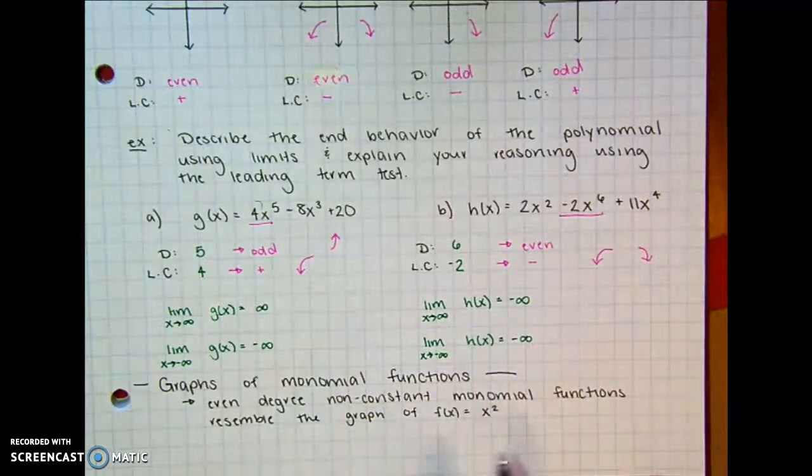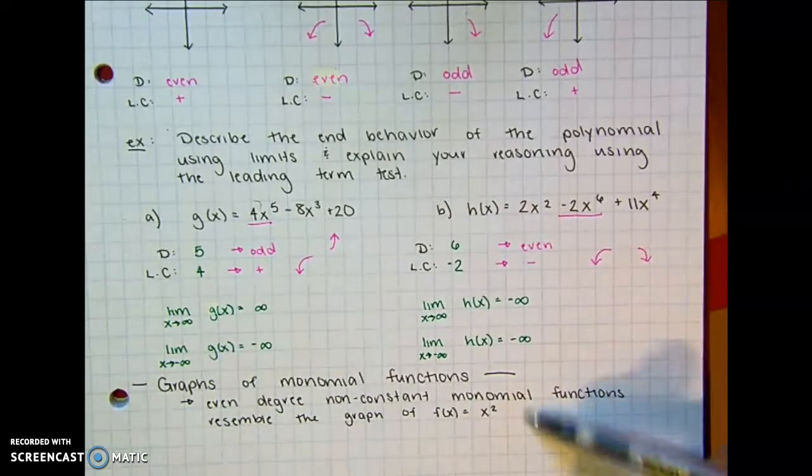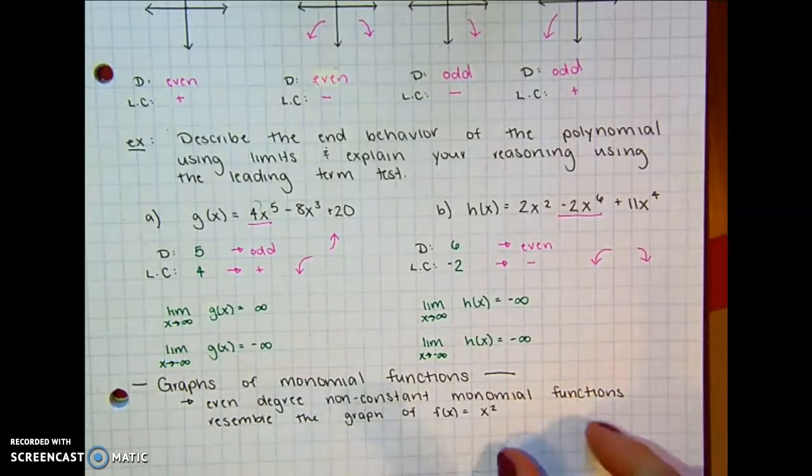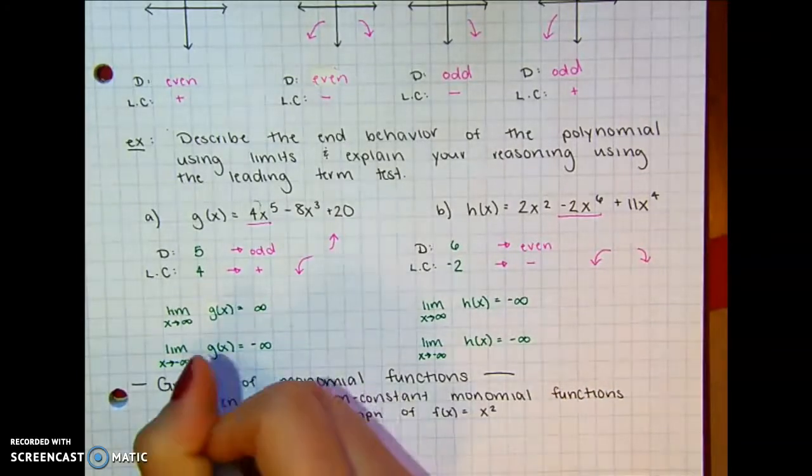So I'm saying if it's just 2x squared or 2x to the 4th or x to the 8th, they're all going to look very similar to a quadratic. It's just going to be a little bit wider. So you can play around on your graphing calculator to see what it looks like.